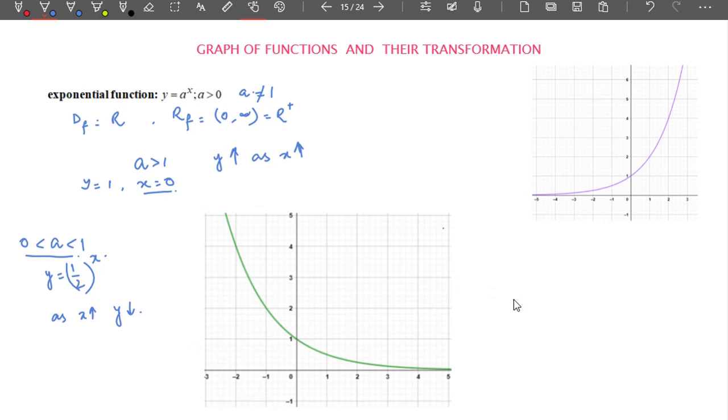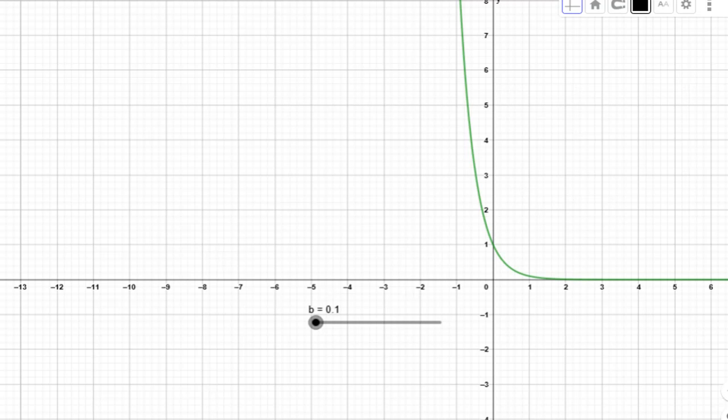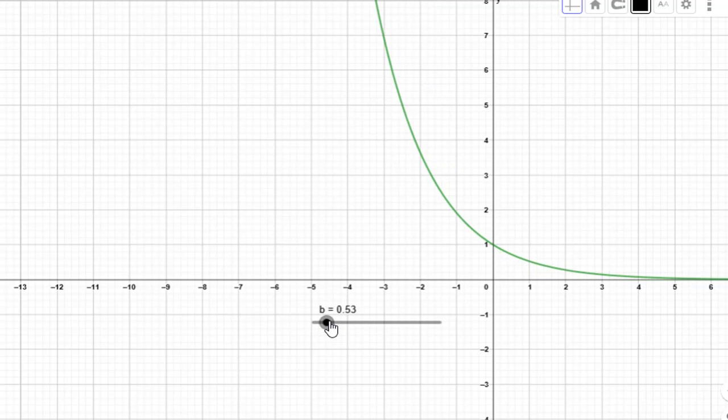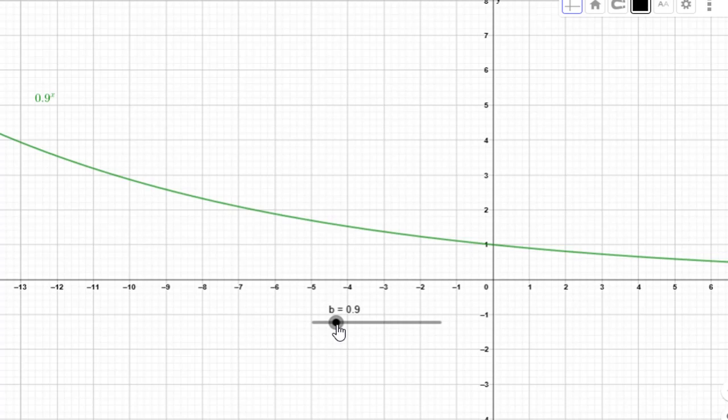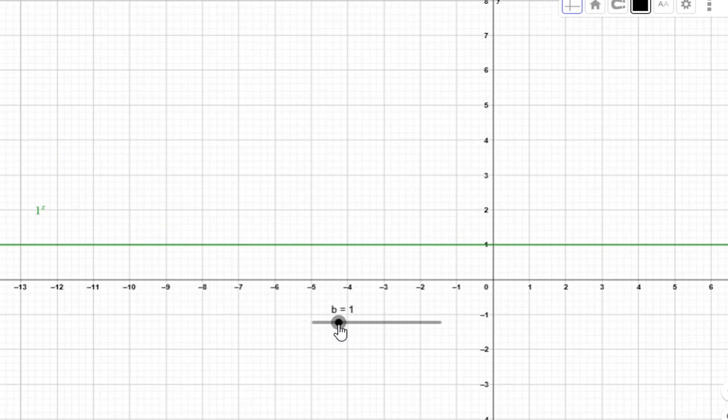Yes, I can show you a very beautiful animation. This is the graph of y is equal to b to the power x. Now b is equal to 0.1, that means 1 by 10. Now, as you increase the value, see the tendency. This is 0.8, 4 by 5. Now, when it comes to 1, that is y is equal to 1, that is a straight line.